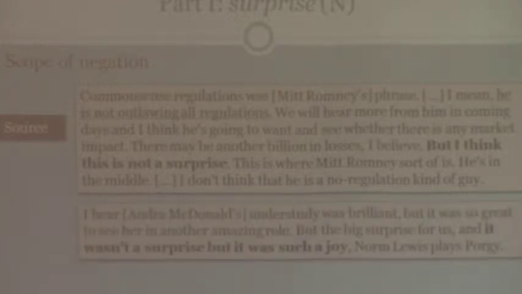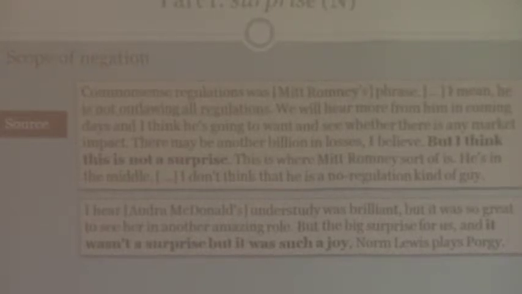And in the second example, it wasn't a surprise, but it was a joy. Norm Lewis plays Porgy. It operates cataphorically, its referent being Norm Lewis plays Porgy. So this information is first categorized as surprising, the big surprise for us, and this categorization is then denied.